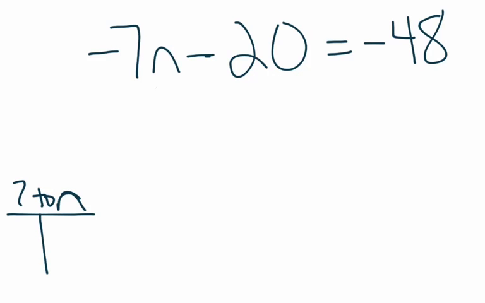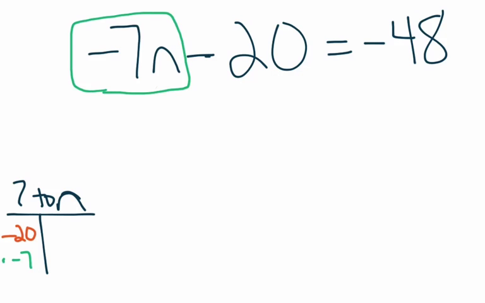The first thing I notice is that n is being subtracted by 20. And the next thing that I notice is that n is being multiplied by negative 7. So now we need to go back through and decide what we're going to do about it.